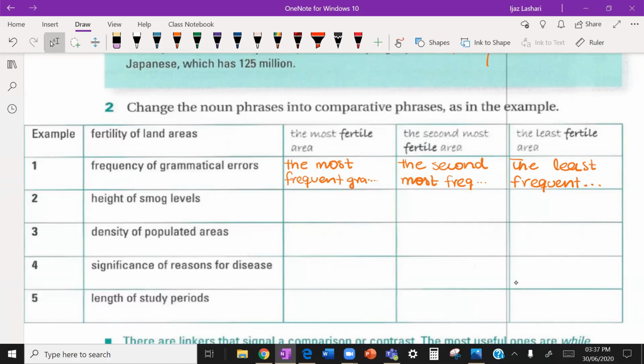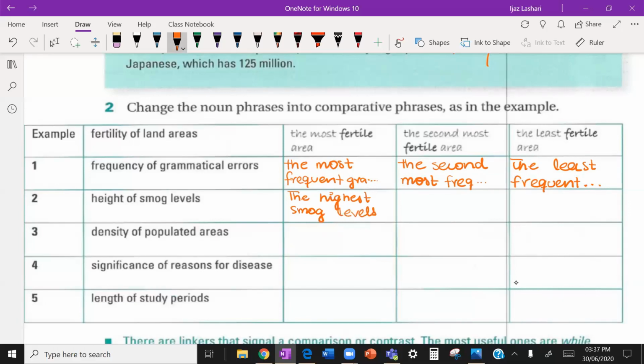Okay, now let's look at the second one, the height of smog levels. Can you make comparisons with this height of smog levels? The first one will be, sorry? The most highest smog level? No, we don't use most with highest. We just say the highest smog level, the second highest smog level, the lowest smog level.